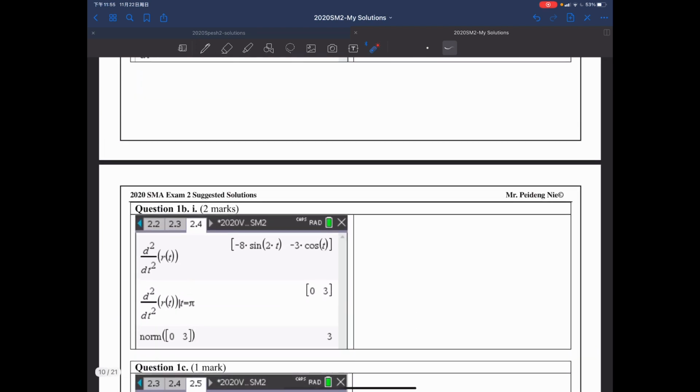Next part, we want to find the magnitude of the acceleration at t equals pi. So I took the second derivative of the position vector, which means this is just my acceleration vector function of time. Acceleration is the double time derivative of r with respect to t, and I should get this expression here.